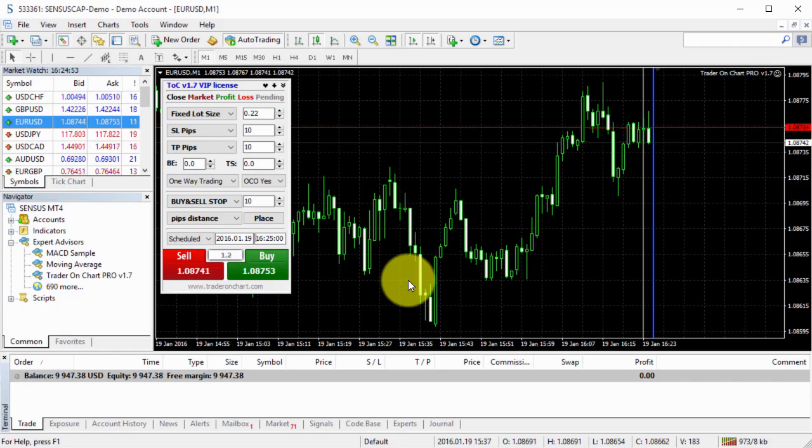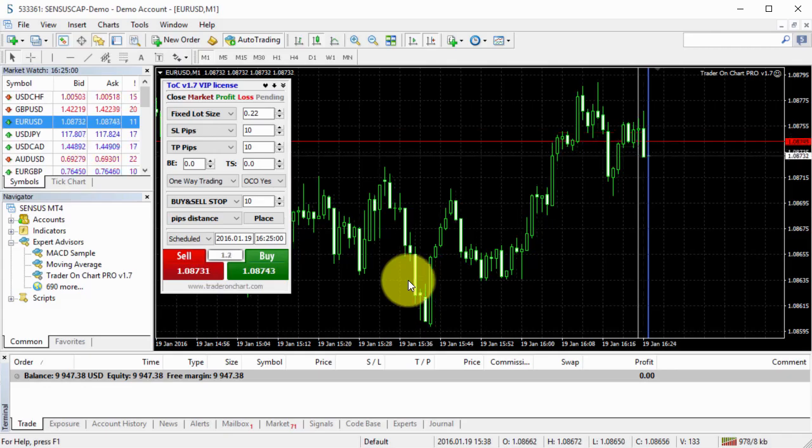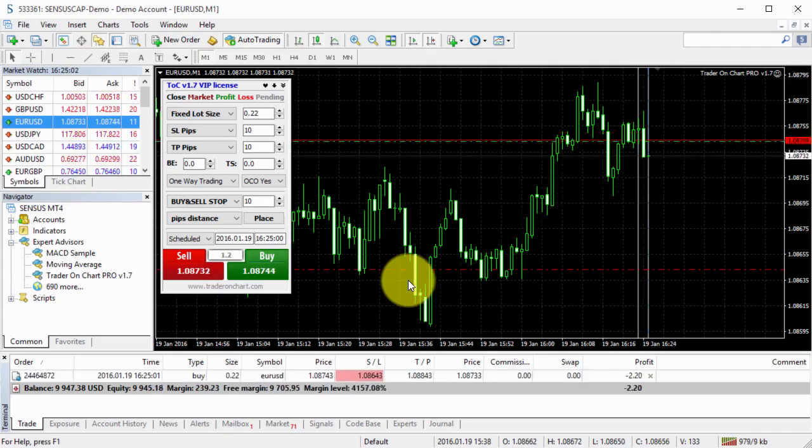So right now we can see a blue vertical line. It means a buy trade is scheduled. And here it goes. So at the exact time, the application executes the scheduled trade at the market price that was at that very same moment.